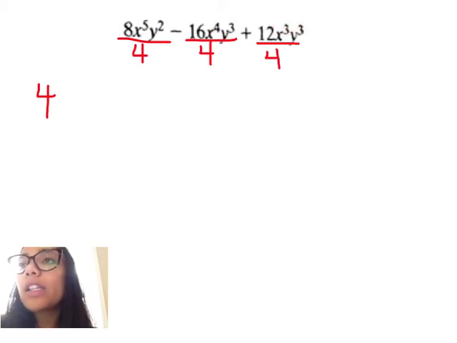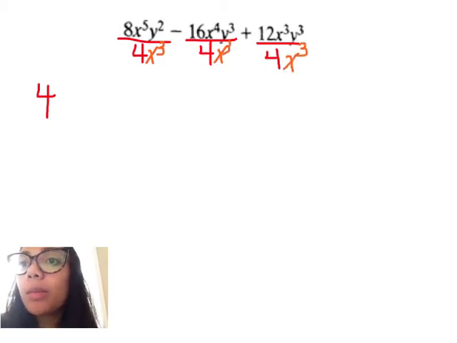So I have x to the 5th, x to the 4th, and x cubed. My smallest exponent is x cubed. So that means I'm going to be dividing by x cubed. That means an x cubed is coming out.